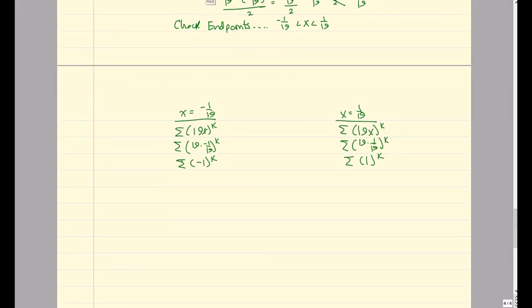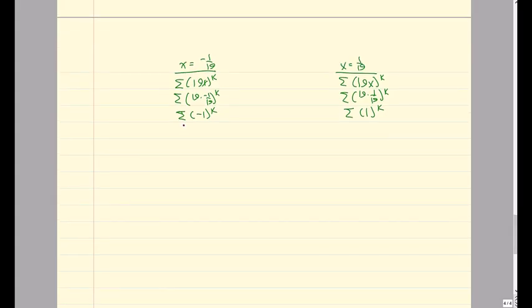So this left one is an alternating series because I have the negative 1 to the k, so it's going to alternate. But it also looks like a geometric series. In fact, both of these do. So I'm going to test these using the geometric series test.